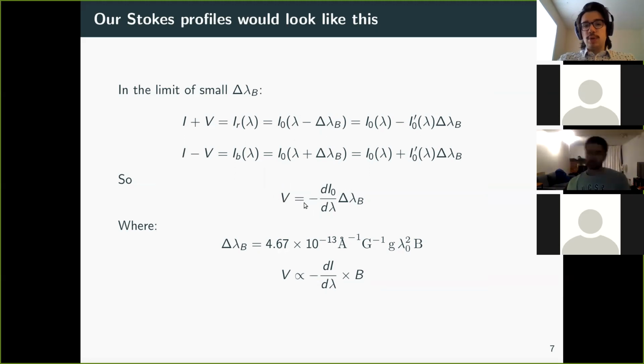So v is going to be minus dI0, which I'm going to assume is my intensity profile, over d lambda times this delta lambda B. And delta lambda B is a constant which depends on the line of sight magnetic field magnitude, valence squared, and this g, which is a Lambda factor.